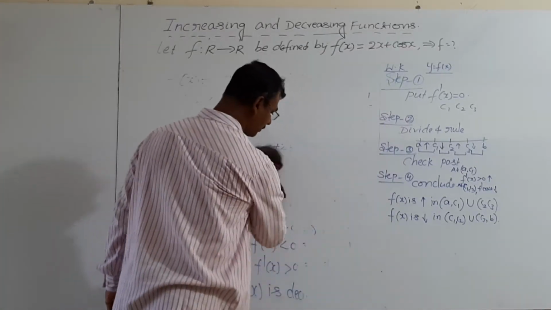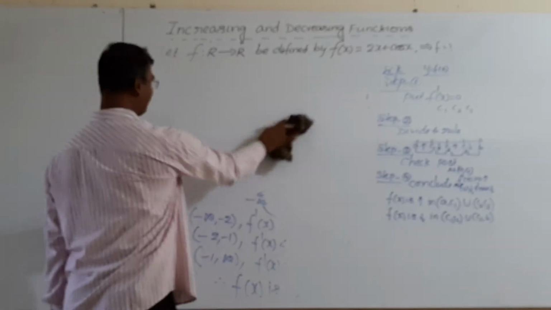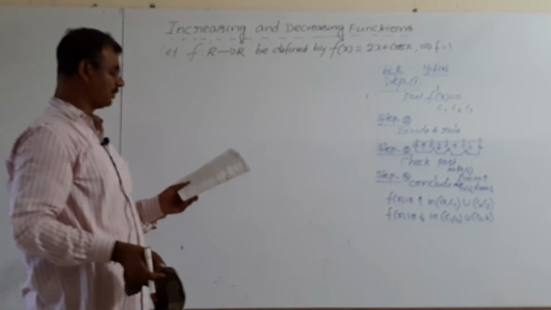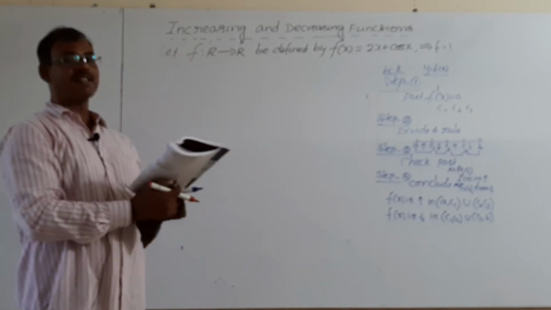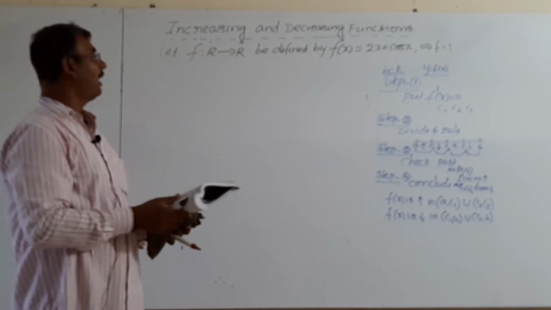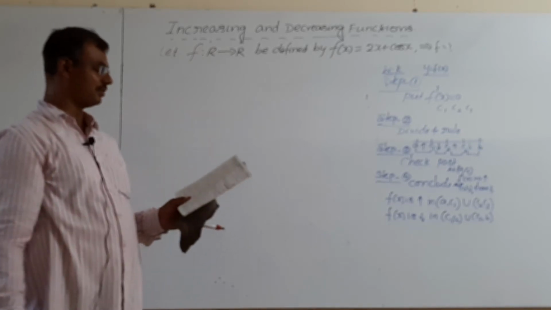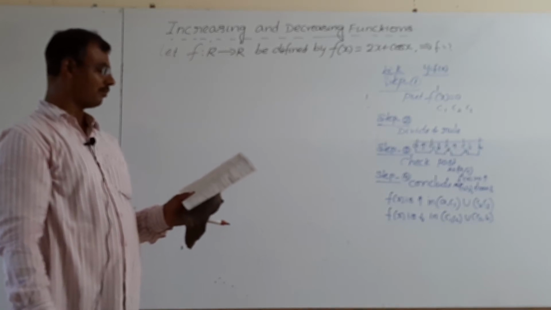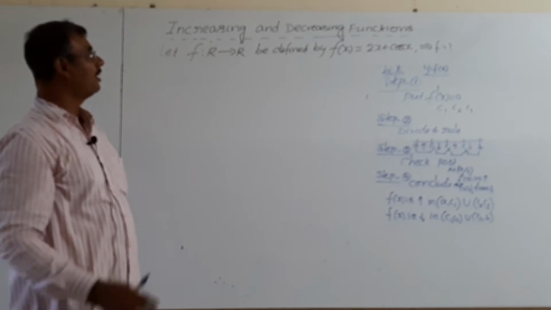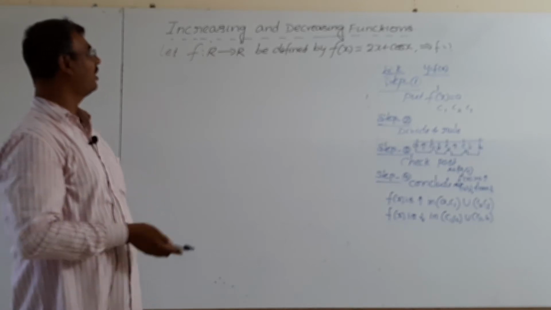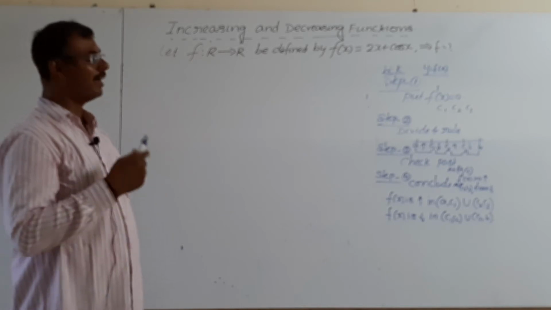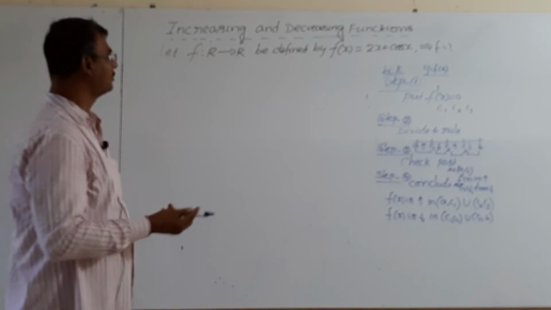Option two: has a maximum at x is equal to 0. Third one: is a decreasing function. Fourth one: is an increasing function. So we are talking about increasing and decreasing functions here. It might be either an increasing or a decreasing function.